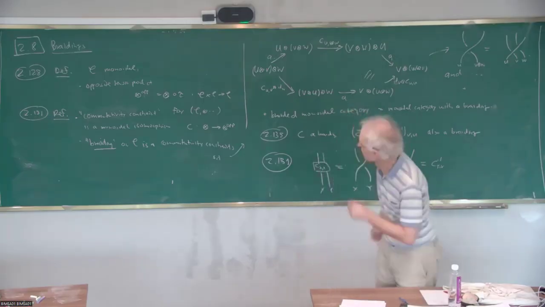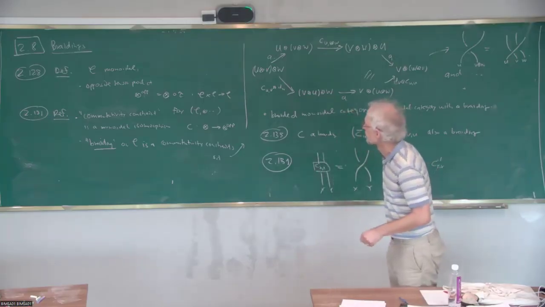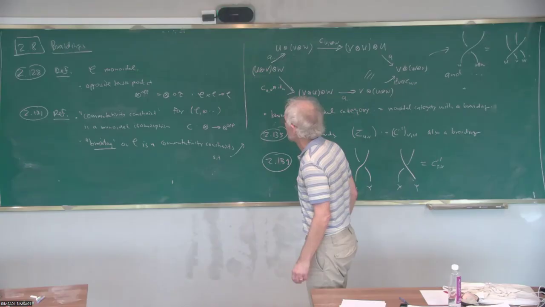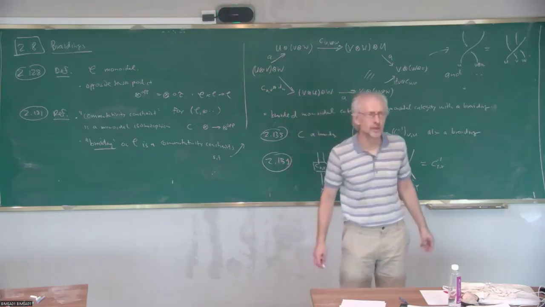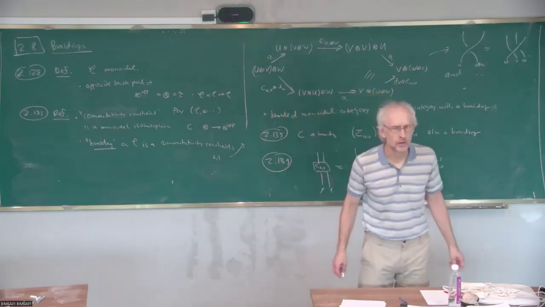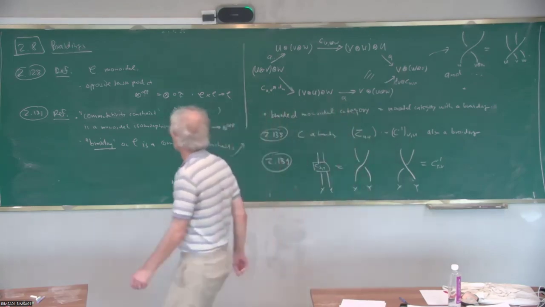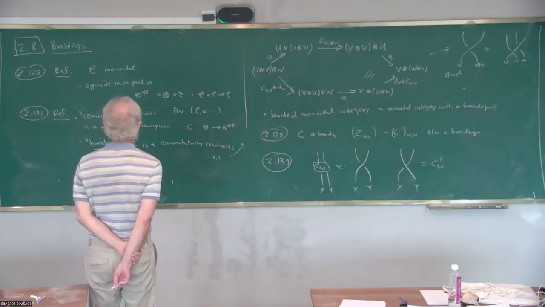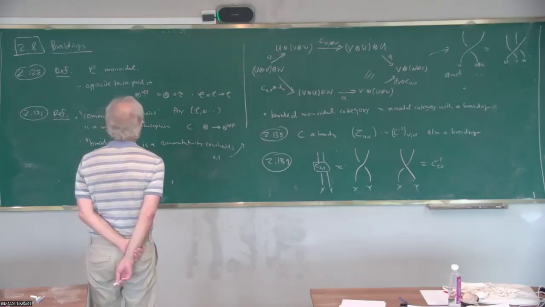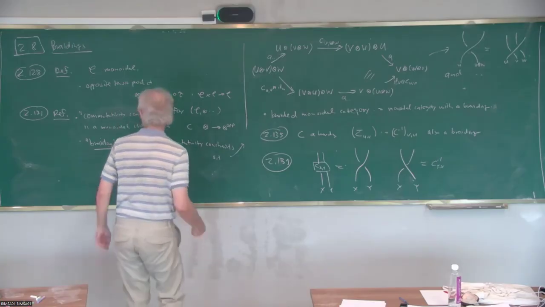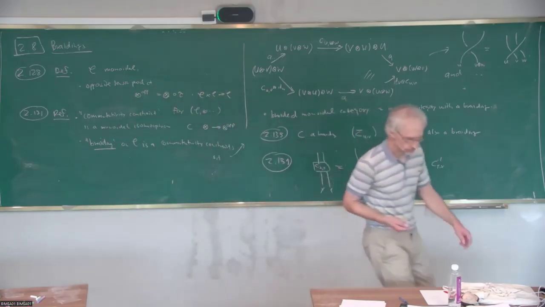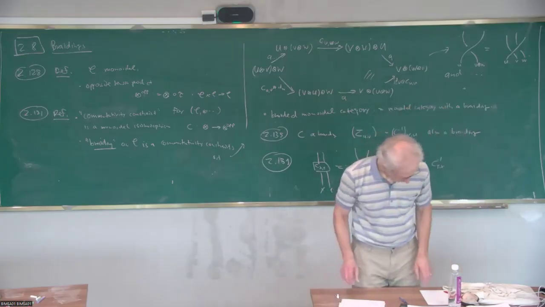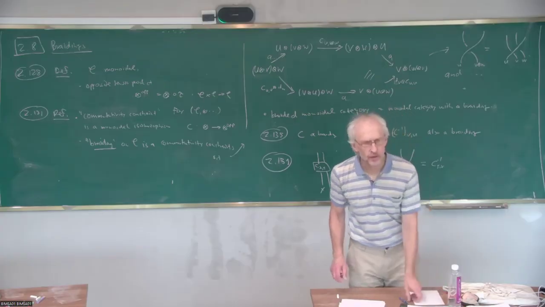Excuse me. The tensor function, the tensor product is not a tensor function. It's not, no. Let me see. No. So, let me see. No, it has. I'm not sure.